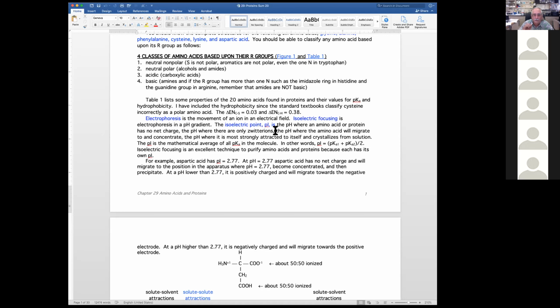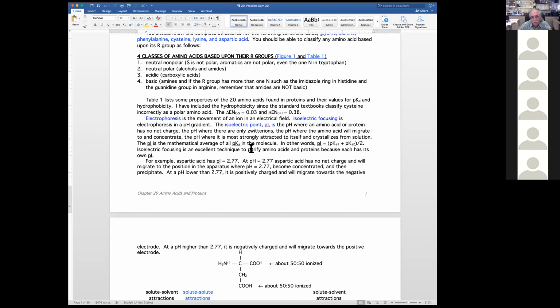So at the isoelectric point, at the isoelectric pH, there's no net charge on the molecule, and it will not move in an electrical field. So essentially the PI is just the mathematical average of all the pKa's in a molecule.